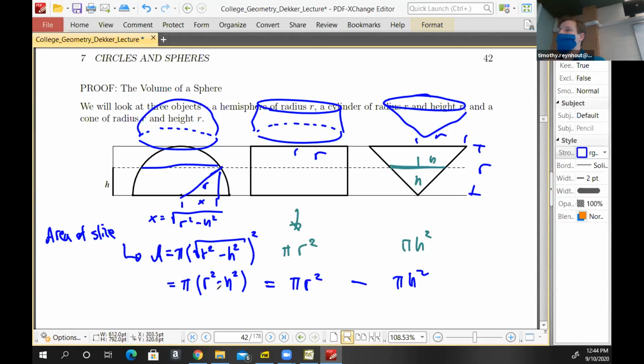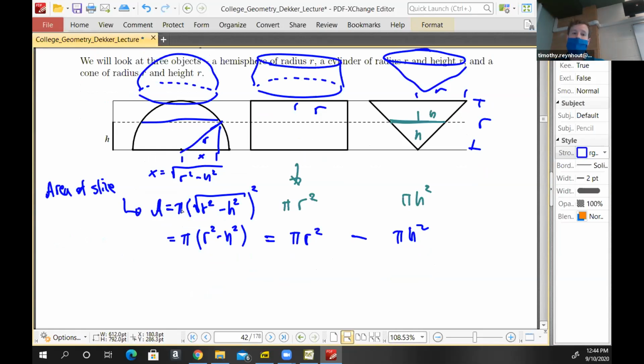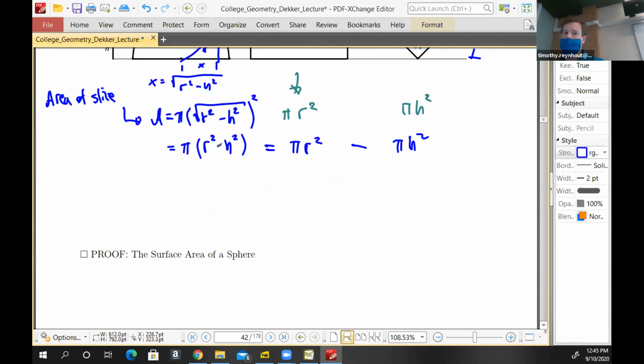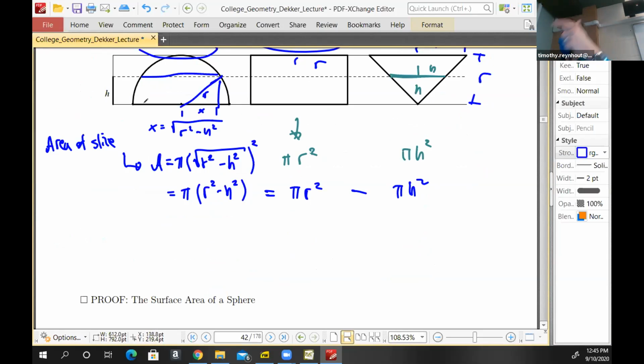So if we take that, this would be dV, and so we just need to integrate from 0 to h of this quantity times dh.